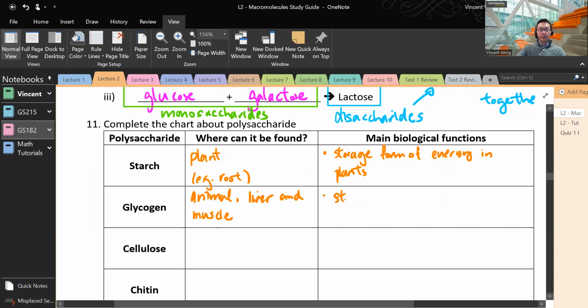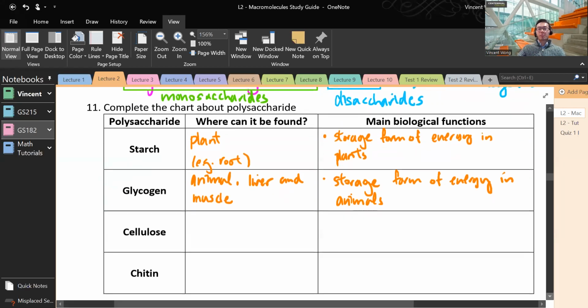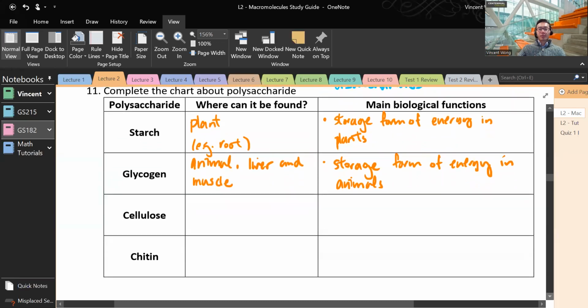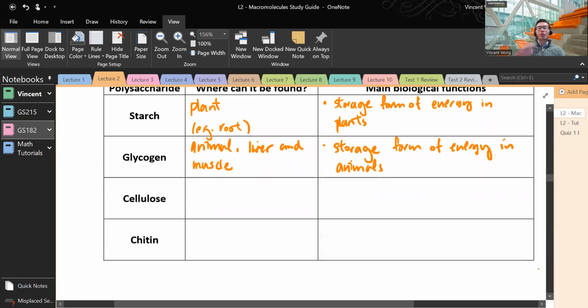And the function is that glycogen is a storage form of energy in animals. If you did not eat breakfast this morning, your body is likely breaking down some of the glycogen into glucose to keep you running. We have hormones that regulate that. You might have heard of insulin. The opposite of insulin is glucagon, and they help regulate the glucose level in your blood.